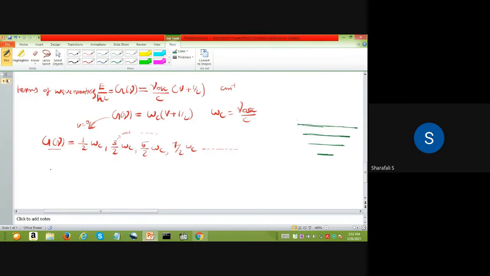Because when you take nu bar, that is the difference between those energy levels in terms of wave number. If you consider two adjacent energy levels, it is 3 by 2 minus 1 by 2 omega c. Or you can say this is omega c into V dash plus half minus omega c into V double dash plus half, where V double dash is the highest energy level.